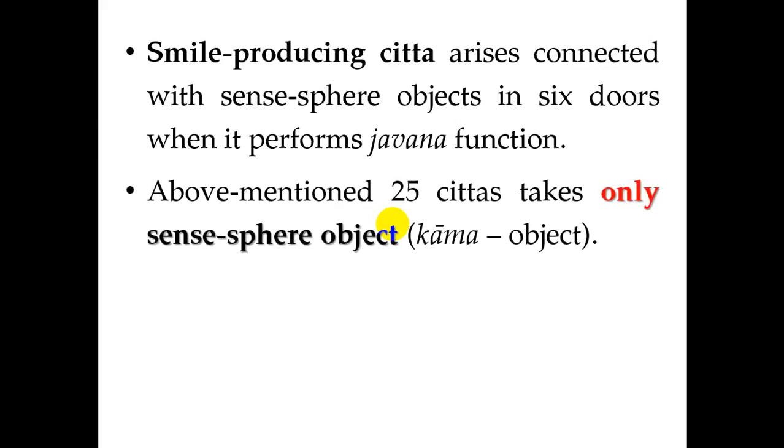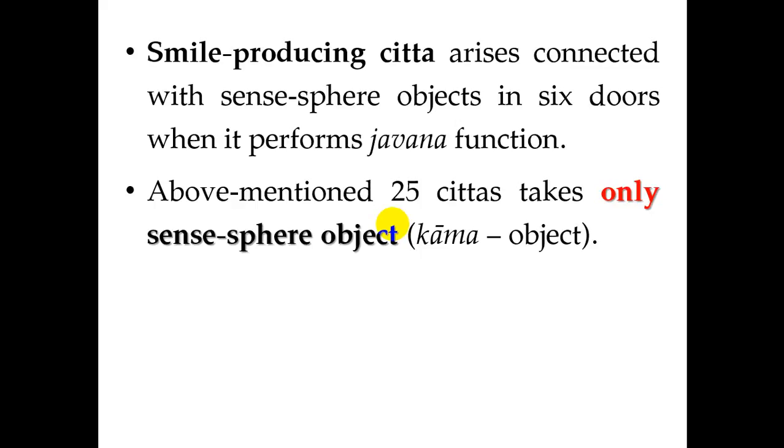Therefore, the above mentioned 25 chetas take only sense sphere objects, kamarammana, the sense sphere object only. As you all know, the two types of eye consciousness arise based on some object that we see. In the same way, ear consciousness, nose consciousness, tongue consciousness, and body consciousness.